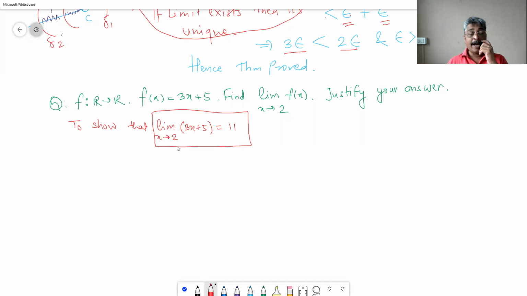Finding that delta and showing that if you stay within that delta, you will always be within the epsilon neighborhood of 11 is justifying your answer.